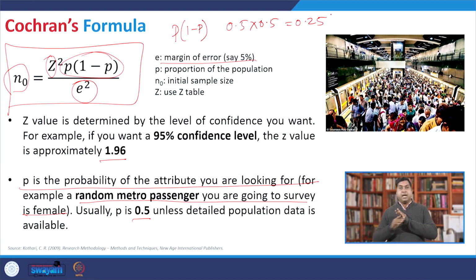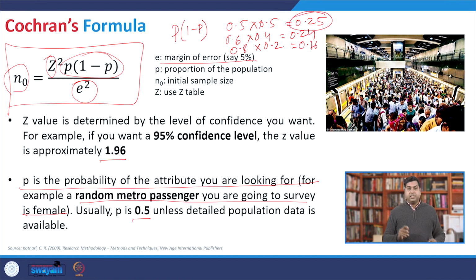If you take any other value, where p can range from 0 to 1, it will be lower than 0.25. Say for example, you make it 0.6 and 0.4, it will be 0.24. You take 0.8 and 0.2, then you get 0.16.